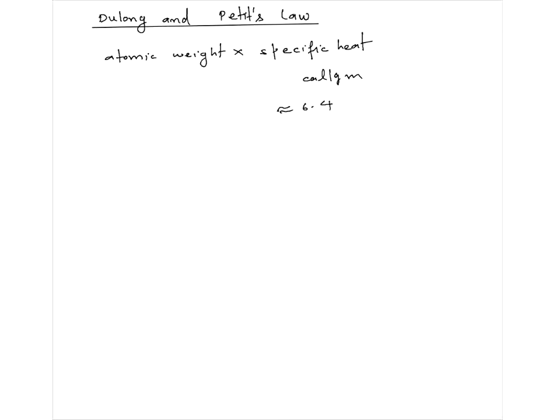This is an approximate law, not exact. It is applicable only to metals. It says that atomic weight multiplied by specific heat in calories per gram is nearly 6.4.